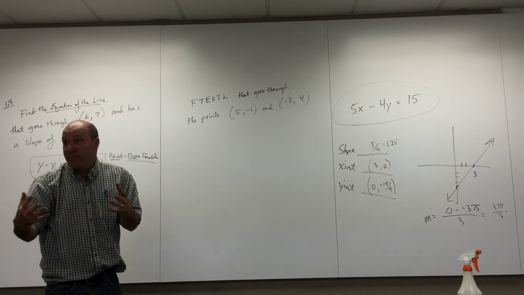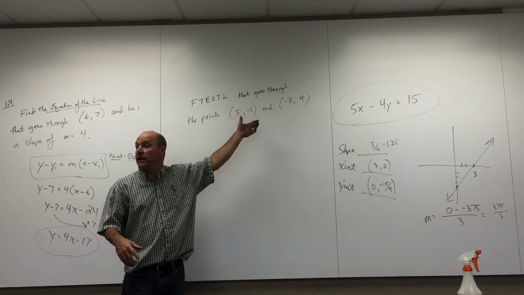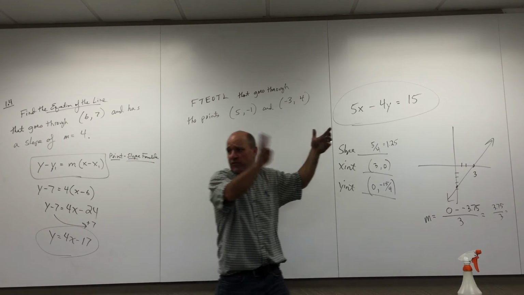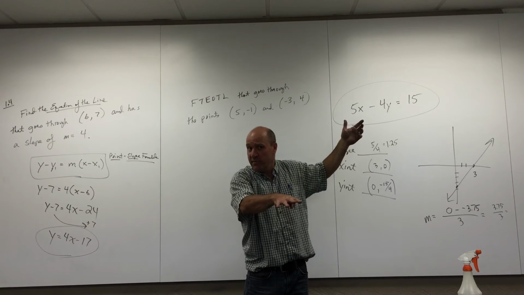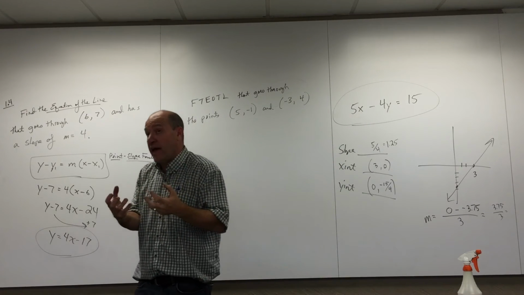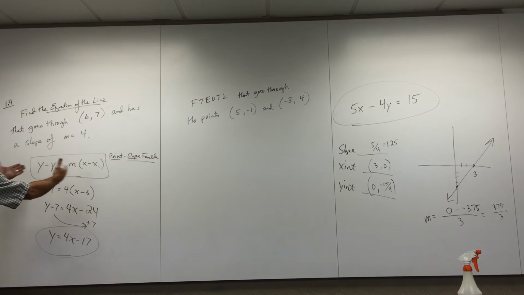So what I'm doing here is giving you some data: 2 points, and I'm asking for the equation. I'm not asking for the graph. I'm not asking for a word problem. Are you with me? I'm giving you 2 points on the line, and I'm asking you for the equation of the line. This is your buddy when someone wants the equation of a line.